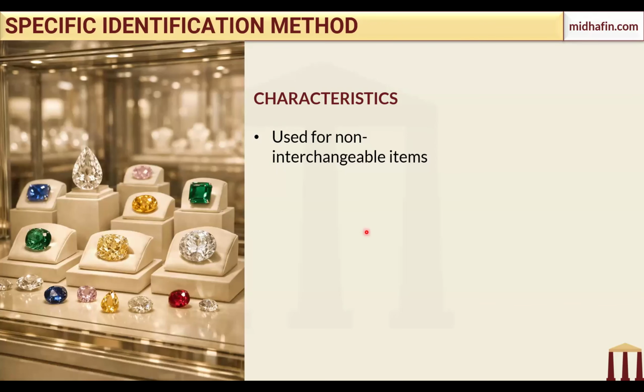You cannot just change this gem with this gem for reporting purposes. Since they are differentiable, the company can track the actual historical cost attached to each specific unit. So the cost assigned to the cost of sales is not based on any assumption. It is the real cost of the exact item that left your inventory.